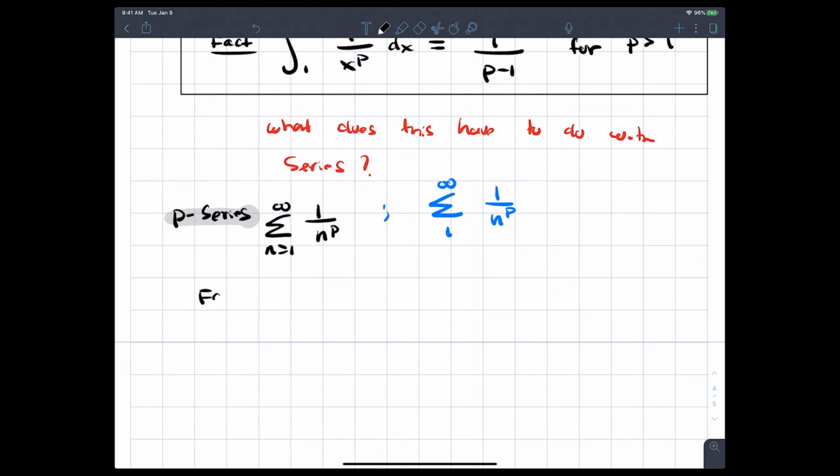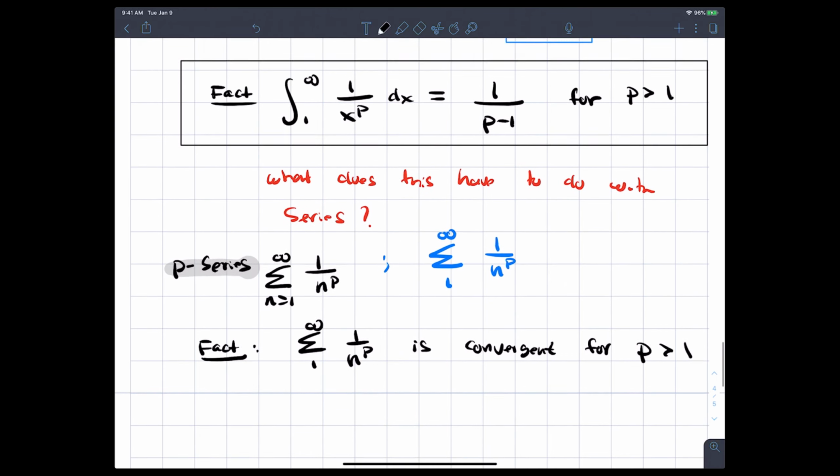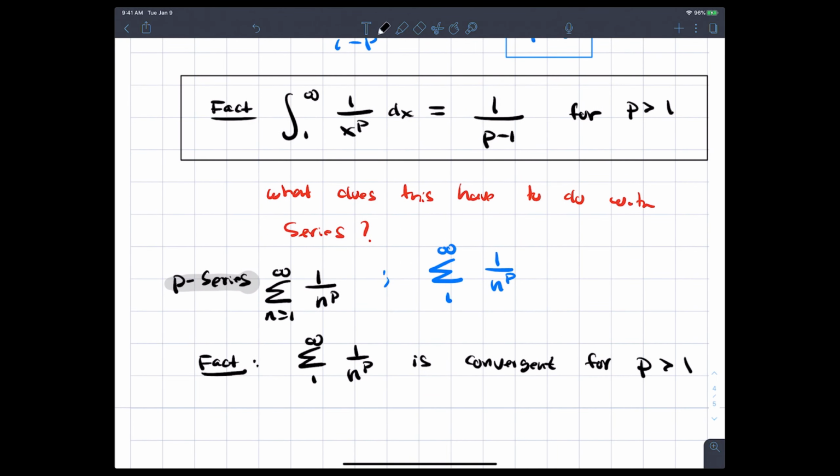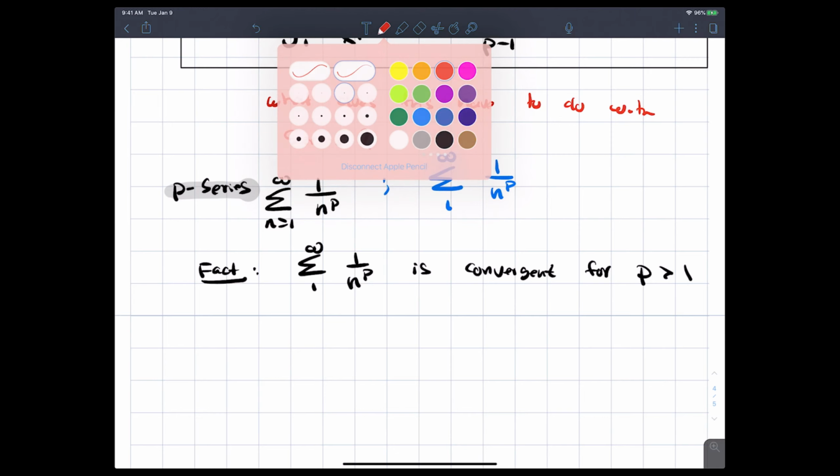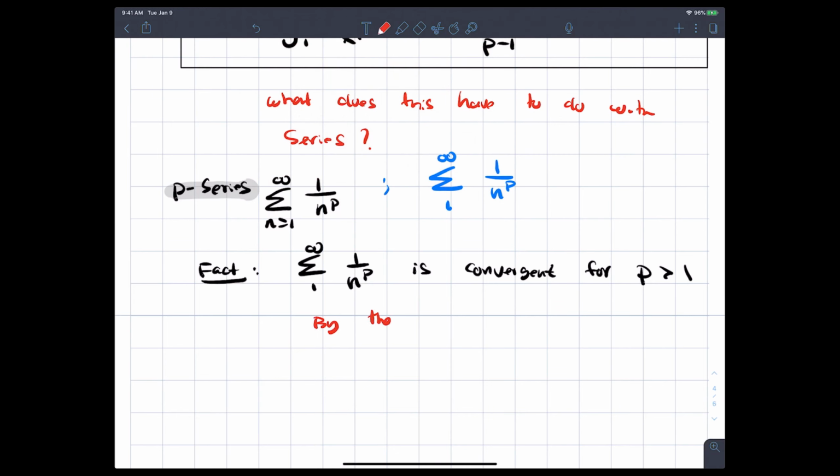And here's a fact. A p-series from n is 1 to infinity, 1 over n, and then it's the p power, a p-series is convergent for p being bigger than 1. Now you say, how do I know? Well, really by the integral test. You see, we integrated, right?